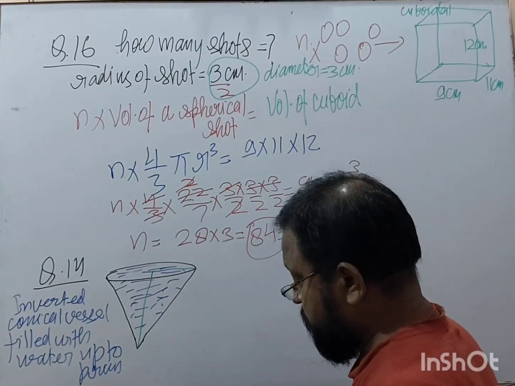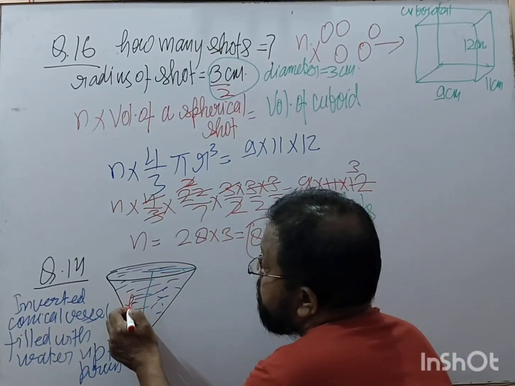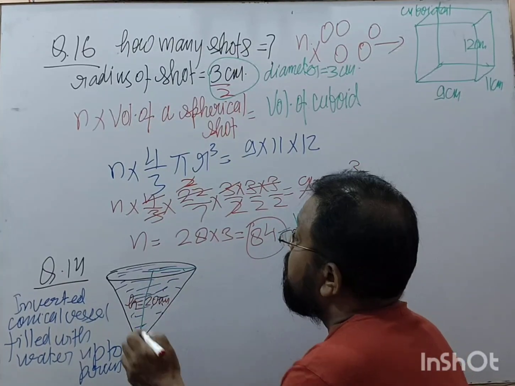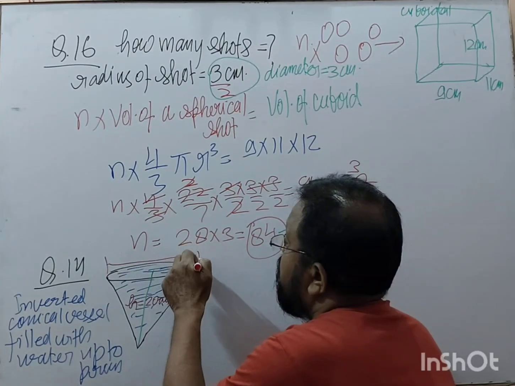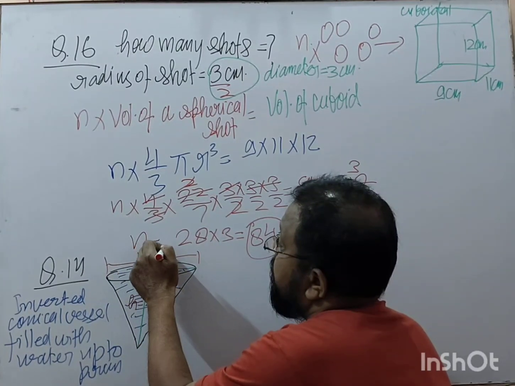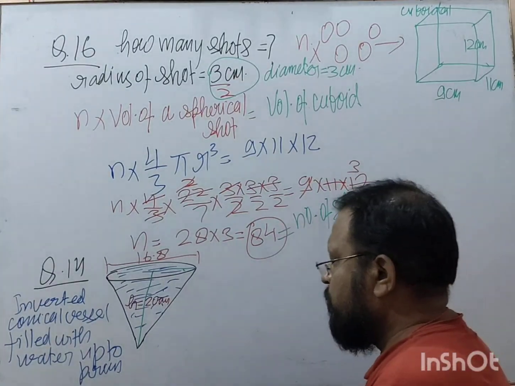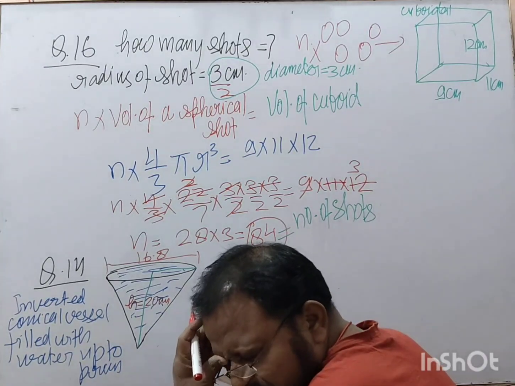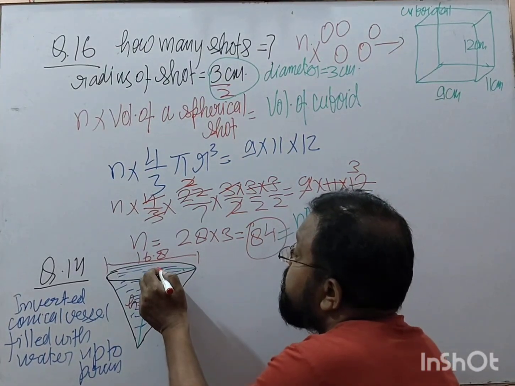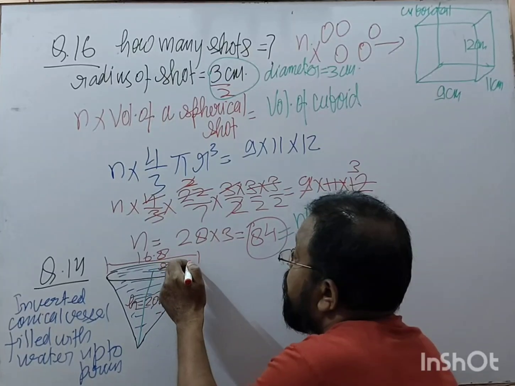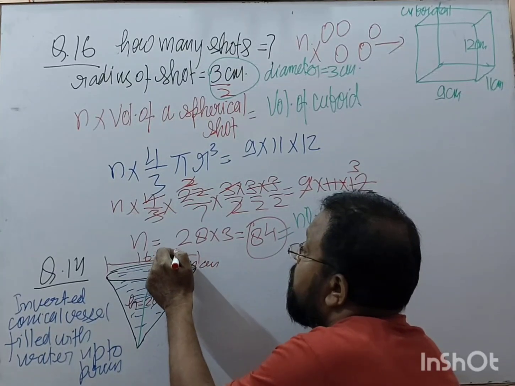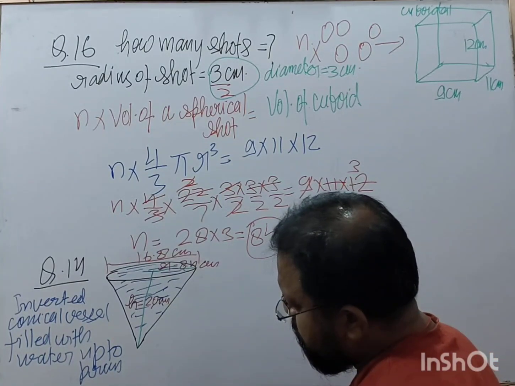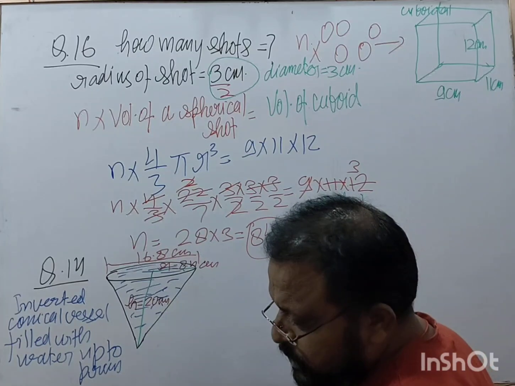So height is 20 centimeter, and diameter is 16.8. So radius is 8.4 centimeter. Two equal solid cones are dropped in it so that they are fully submerged.